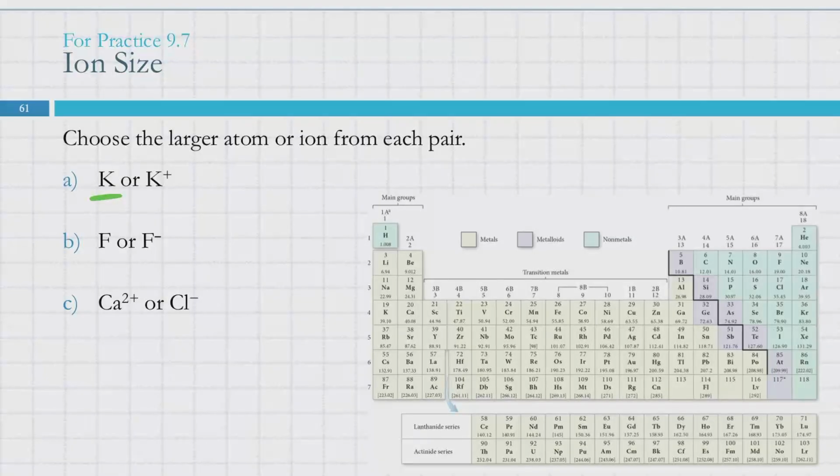Does anyone know why? Cations are smaller than the neutral. And they're smaller because they lose their shell. They lose their valence shell. And they have a higher effective nuclear charge.